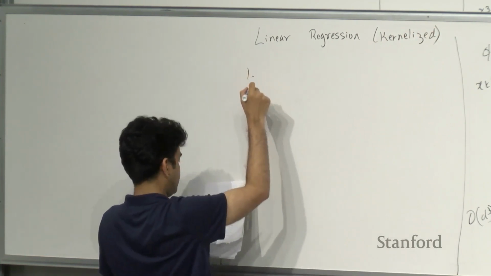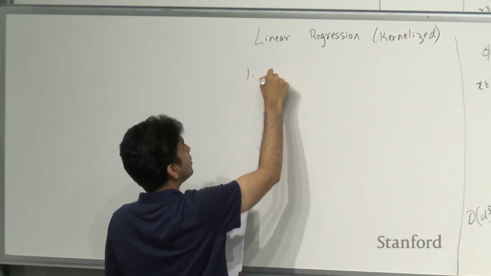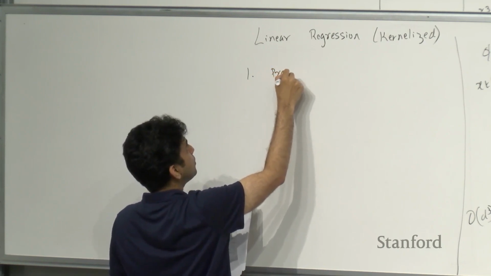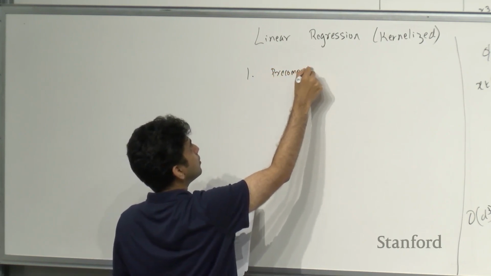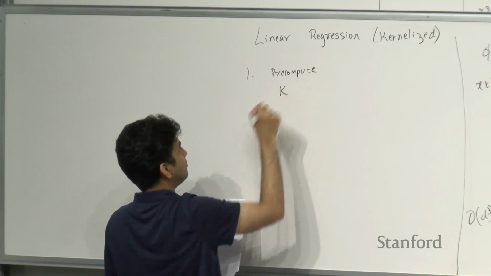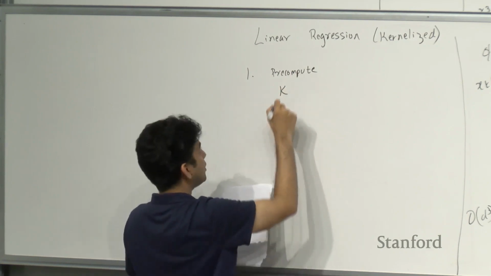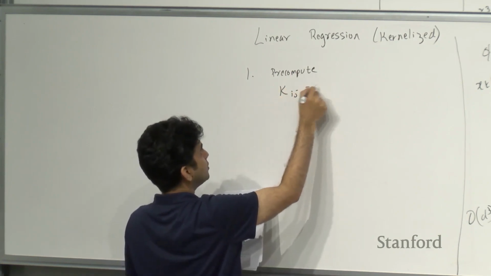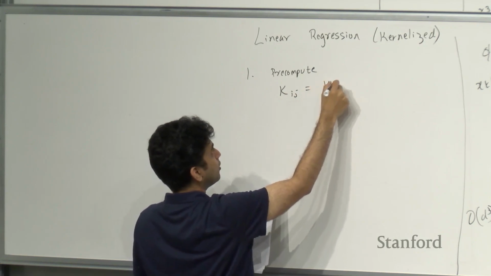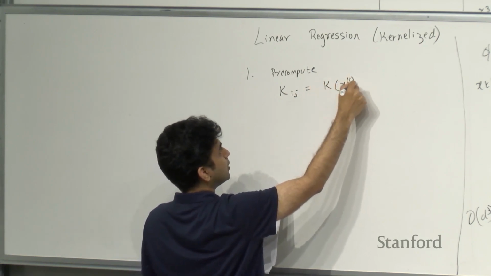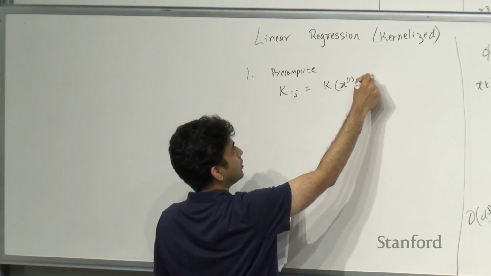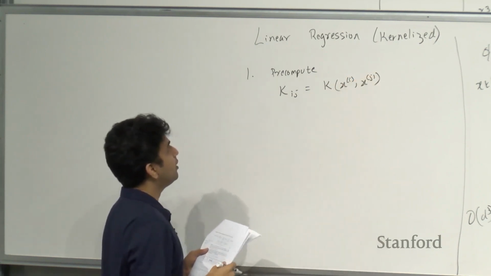So the first thing is to pre-compute a matrix K where K_ij is equal to K of x_i, x_j.